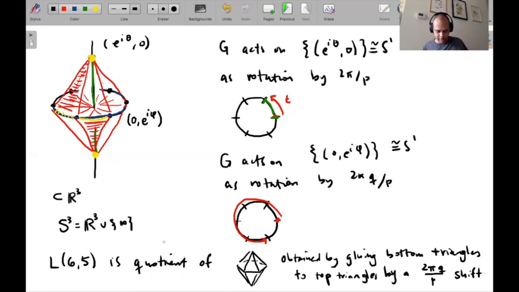Okay, so this is an example that is, well, an important example in topology, these lens spaces, and they generalize the projective space.